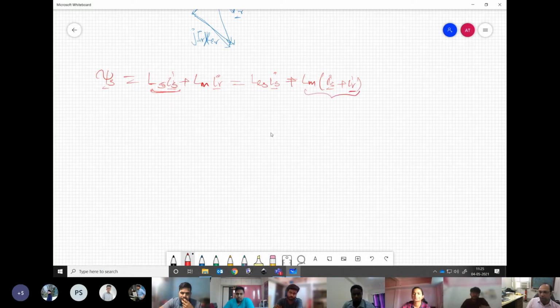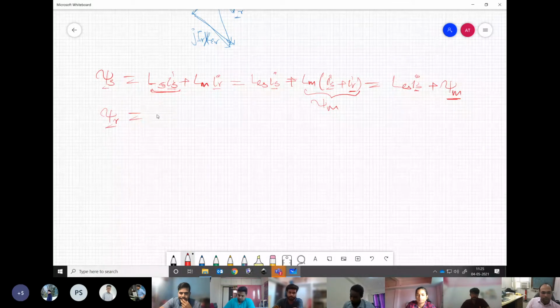And what is this part actually? Sir, the psi m. Psi m. So then it can be written as LLS IS plus psi m. Getting my point? Psi r, what is it?